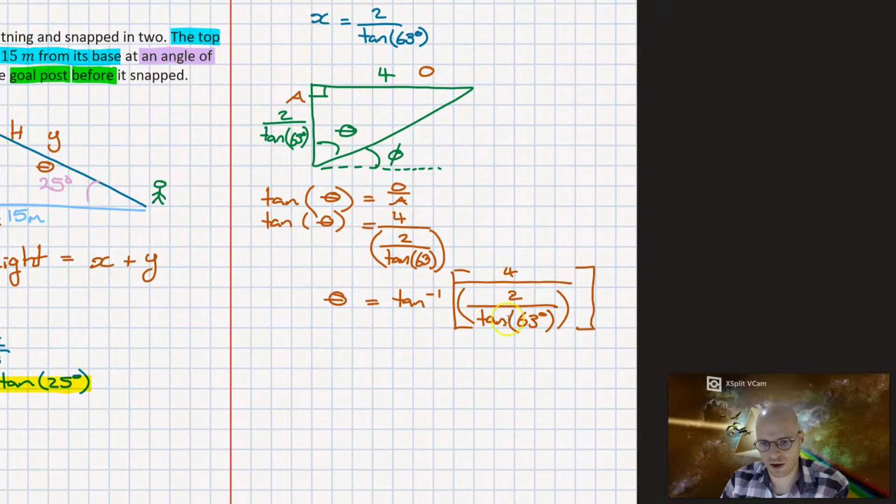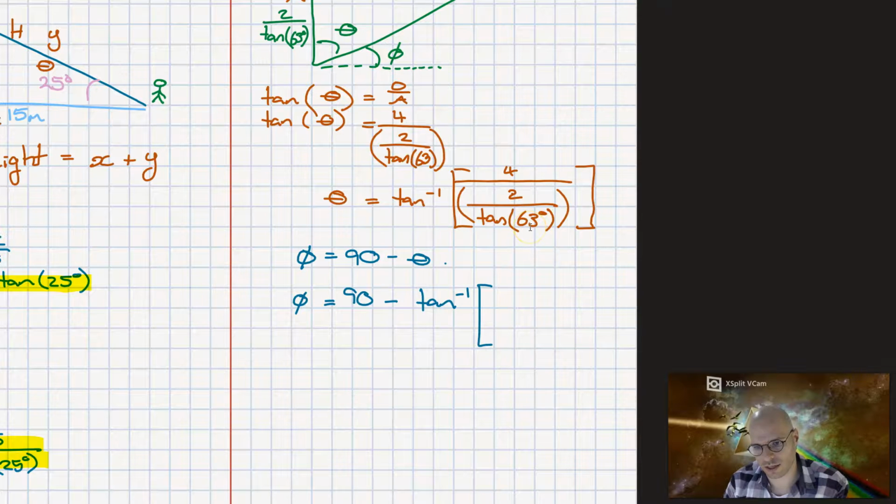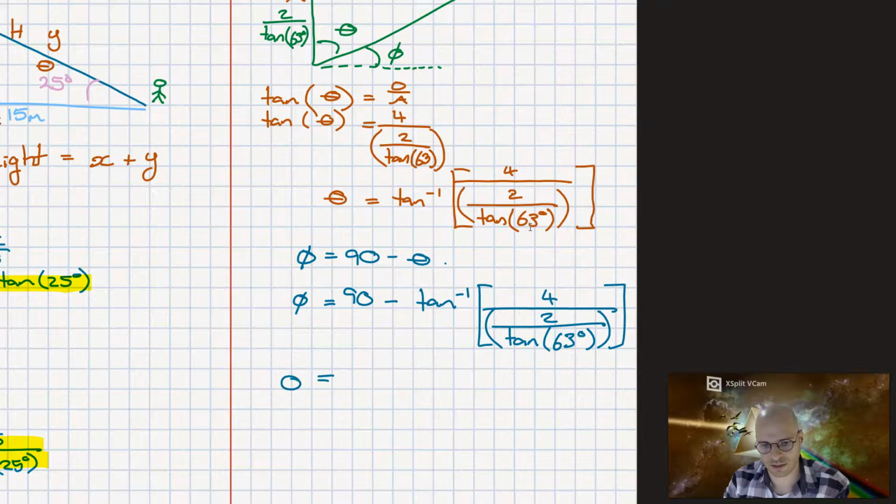Now, our phi, which is what we're interested in, is going to be 90 take theta. So this will come out to be phi is equal to 90 take inverse tan of 4 over 2 over tan 63 degrees. And now it's time to bring up our calculator to solve this.